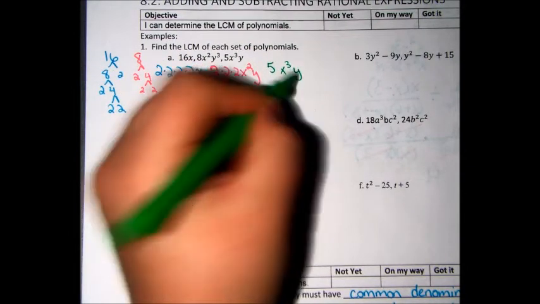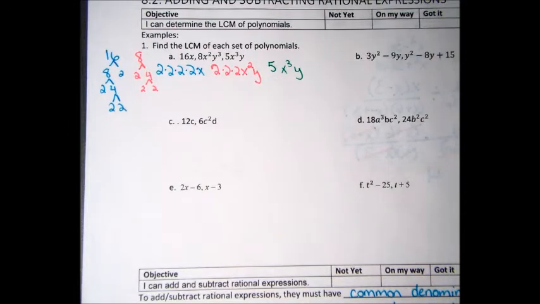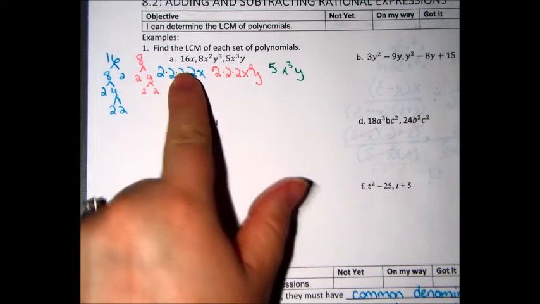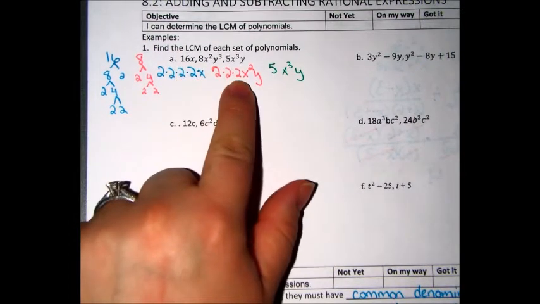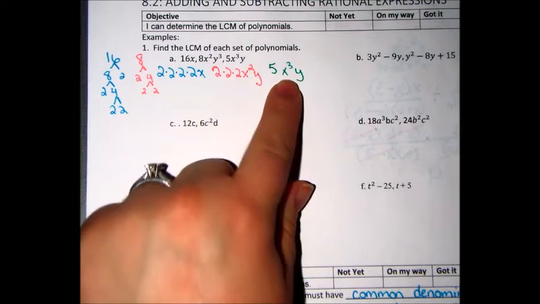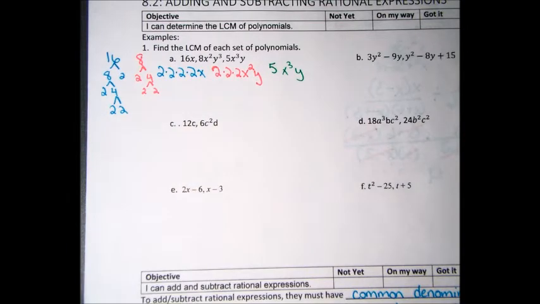The last one has 3 x's and 1 y. What you're looking for when creating these LCMs is which one has the most of each of the factors represented. All of the factors represented are 2's, 5's, x's, and y's.